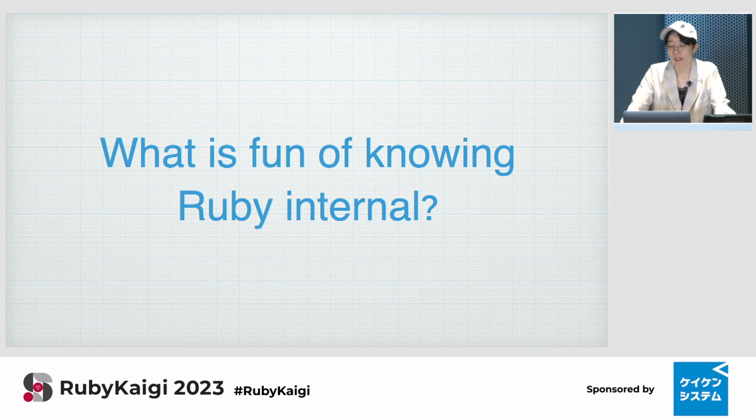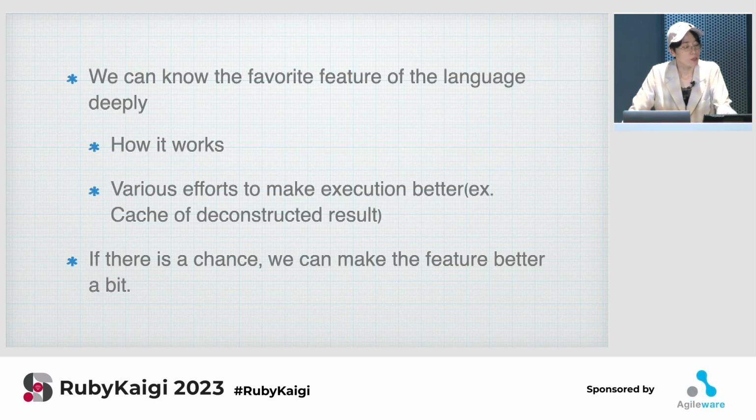What is the fun of knowing Ruby internals? I think it is that we can know our favorite feature of the language deeply, and how it works, or various efforts to make execution better.